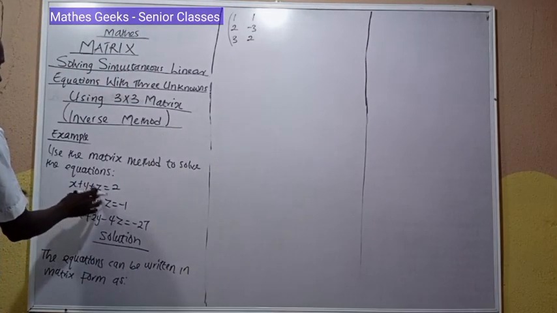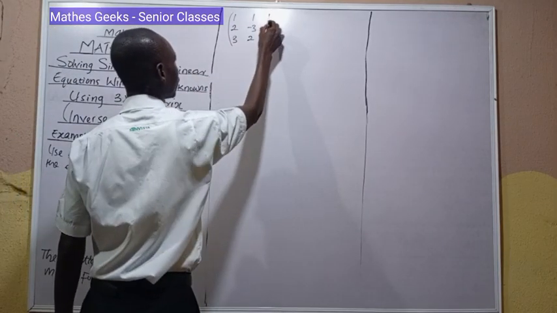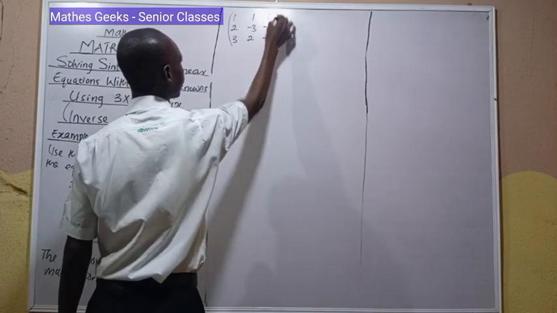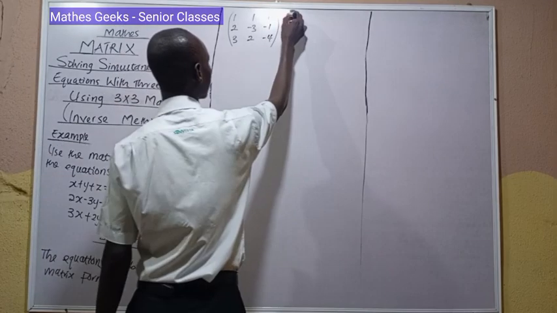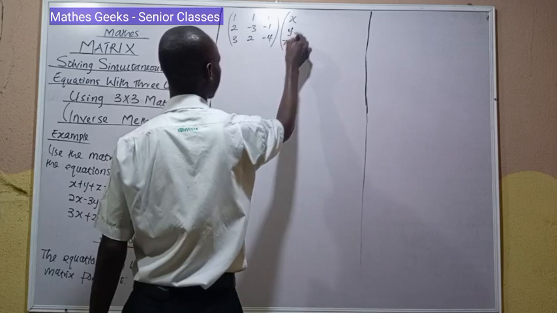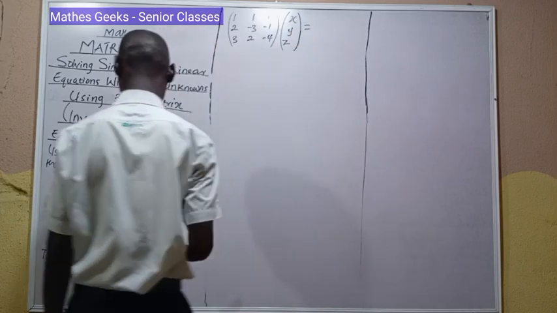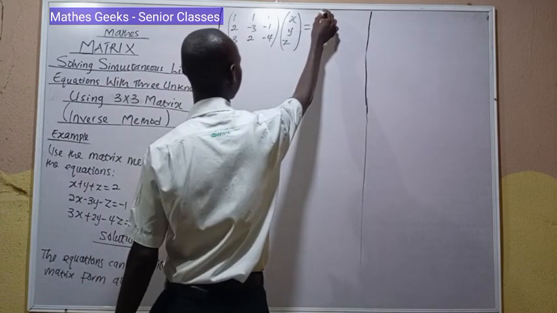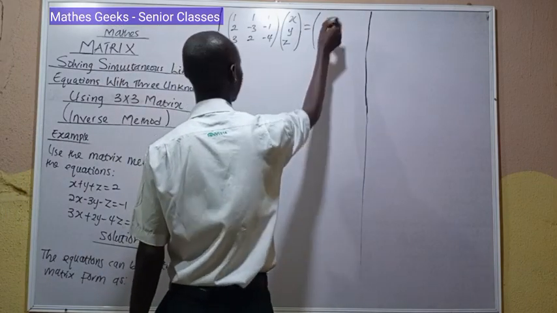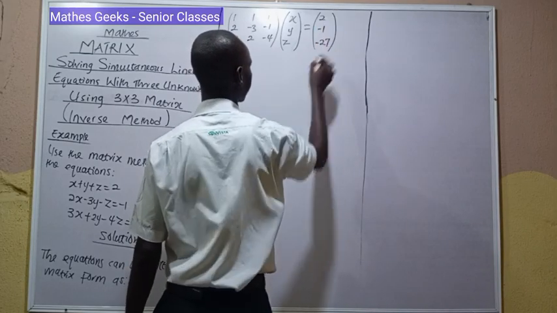Coefficient of z is 1, minus 1, minus 4. And here we have x, y, z. This is equal to 2, minus 1, minus 7.